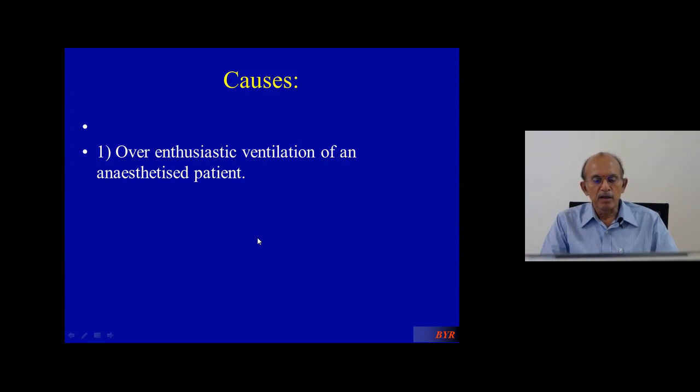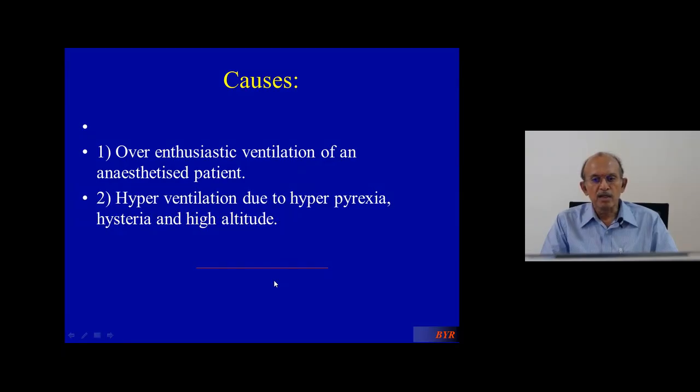Causes include over-enthusiastic ventilation of an anesthesia patient, and hyperventilation due to hyperpyrexia, hysteria, and high altitude. Whenever a person overventilates, there will be more excretion of carbon dioxide that causes reduction in the carbonic acid level, and that produces respiratory alkalosis.